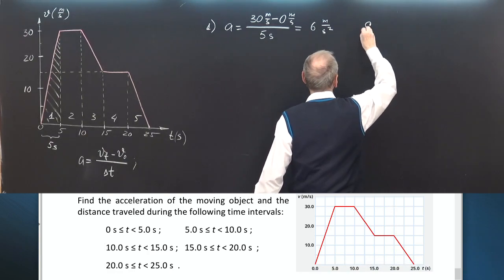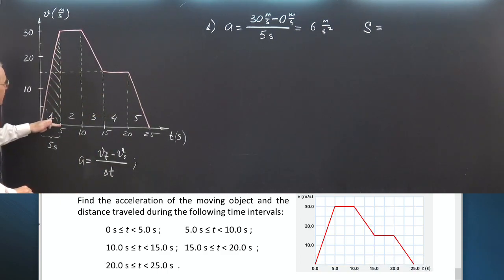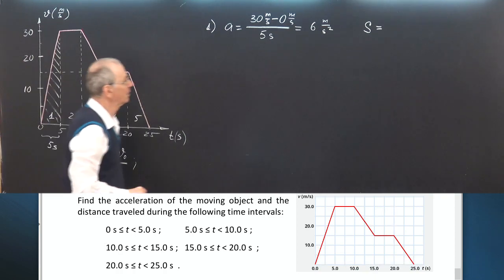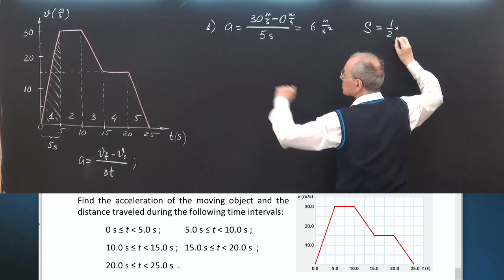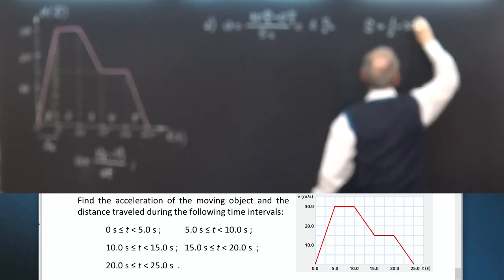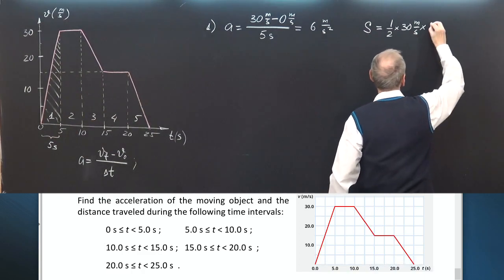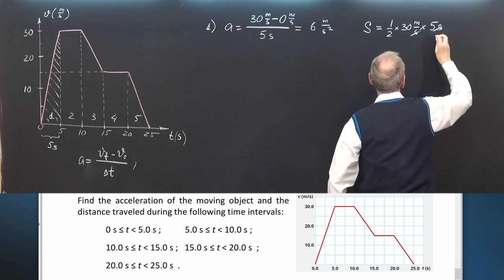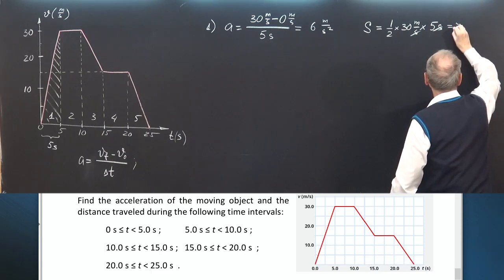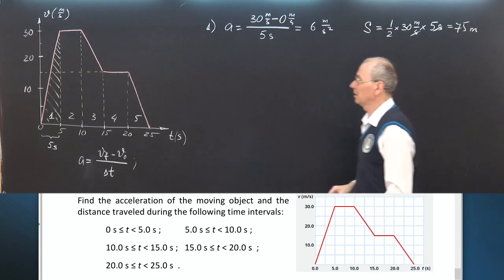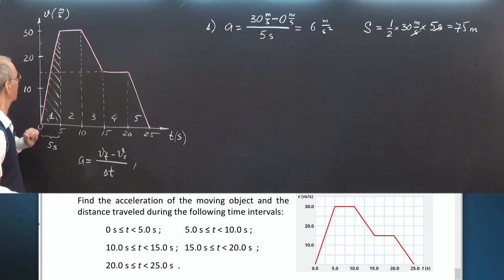So, S, distance traveled, is half of height of triangle times base. 1/2 times 30 meters per second times 5 seconds. It gives 15 times 5, 75 meters.